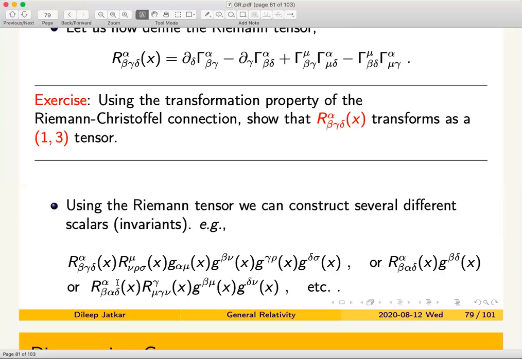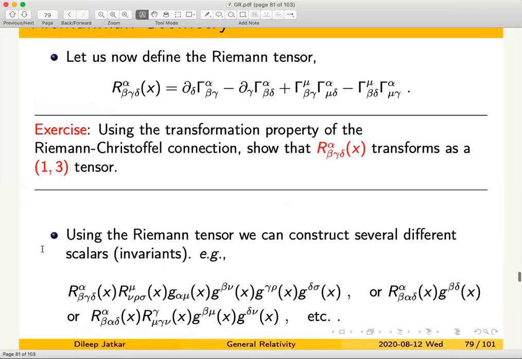We have written quantities which are linear in the Riemann tensor or quadratic in the Riemann tensor, but nobody stops you from writing quantities which are cubic, fourth order, or whatever. So the total number of invariants that you could construct using the Riemann tensor can be infinite in number, really. Okay, any questions at this point?